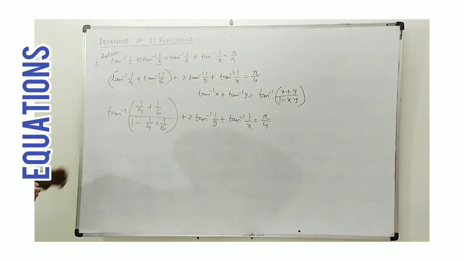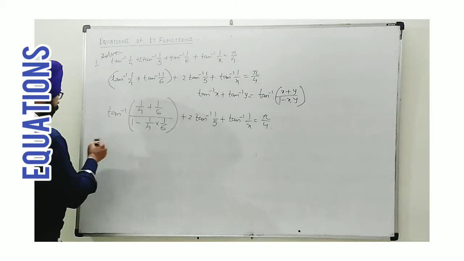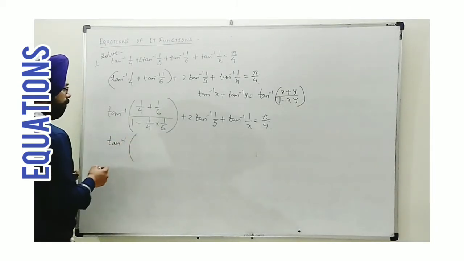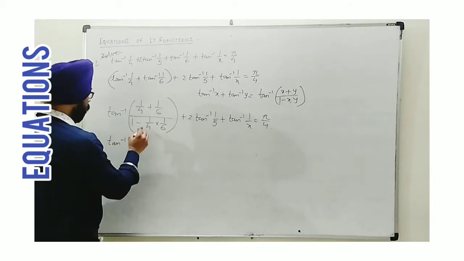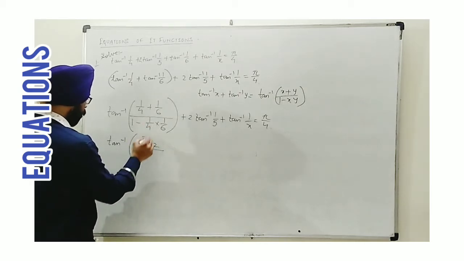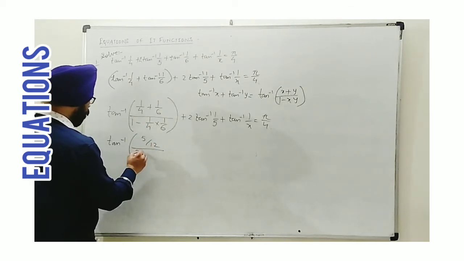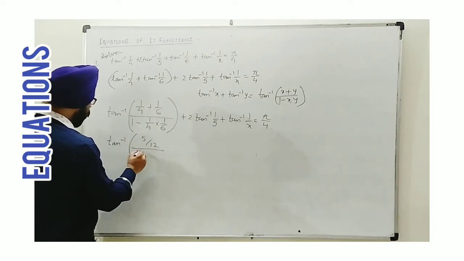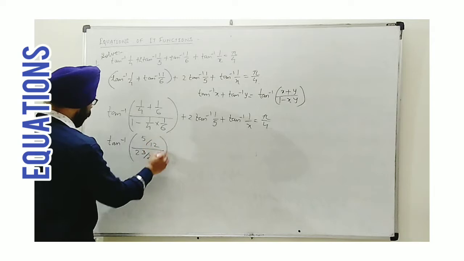Now, simplifying this portion, we'll get 5 by 12 and this will be 23 by 24.